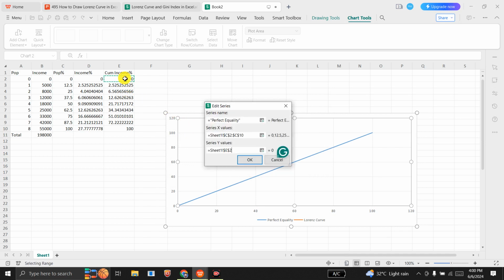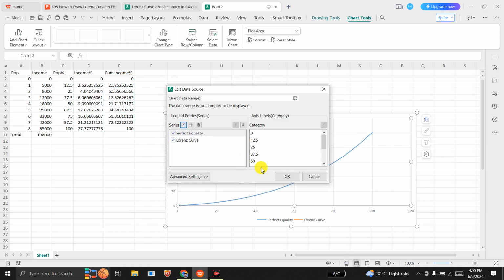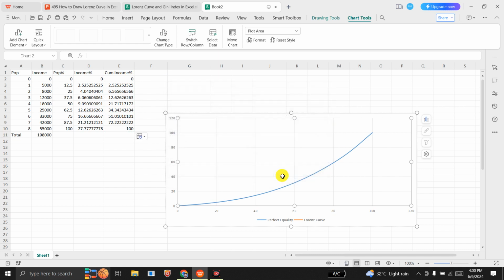So it's like this. I will select this, and after that I'll press OK. Okay, I made a mistake, so let me do it again. Where is the Lorenz curve?